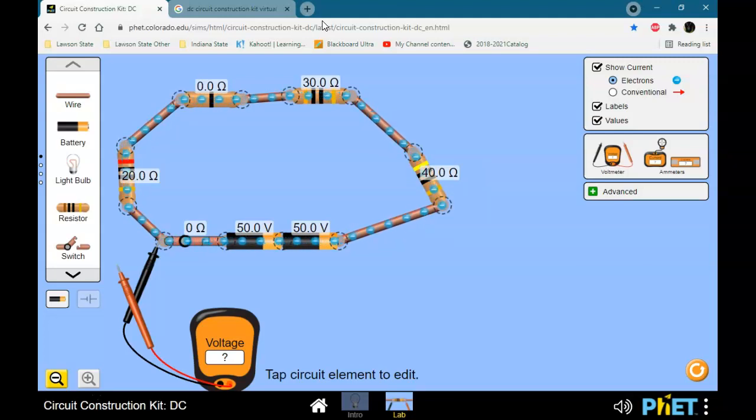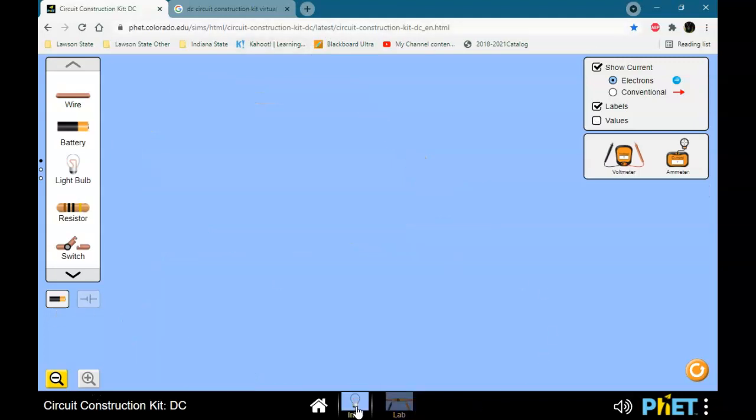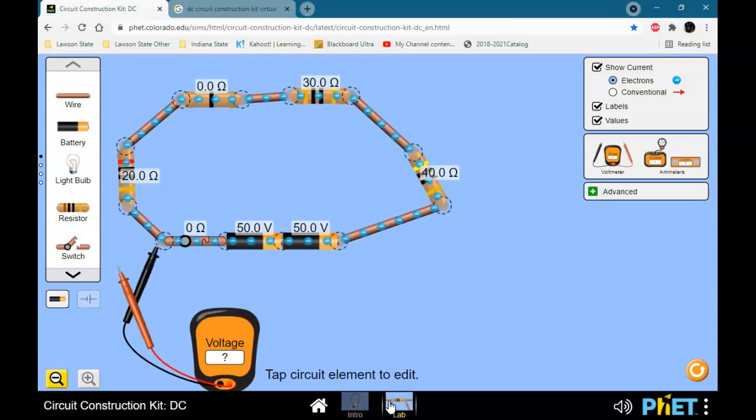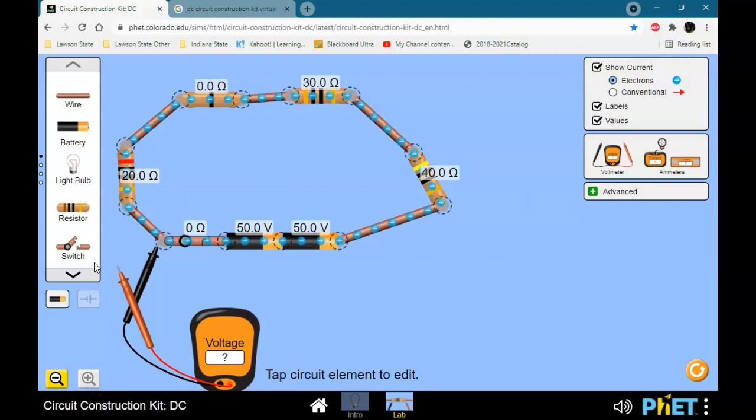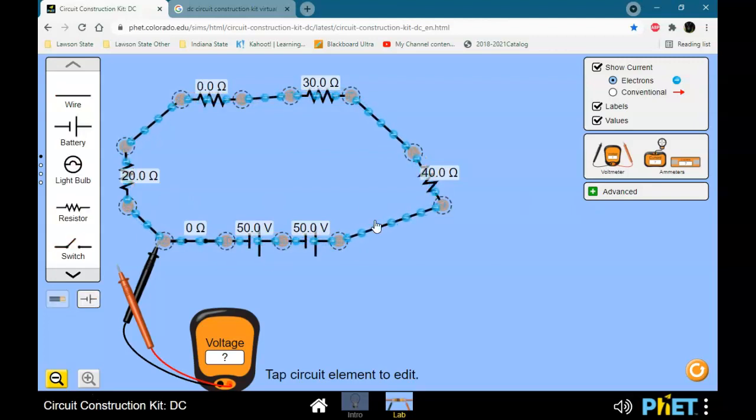I definitely recommend it. If nothing else, you can also go down here to where, let's see, let me do it. Yeah, here it is. You can go to where it just does symbols. You can kind of see how the symbols work out for all this. So you have the symbol for a switch. Get rid of the show current and values.